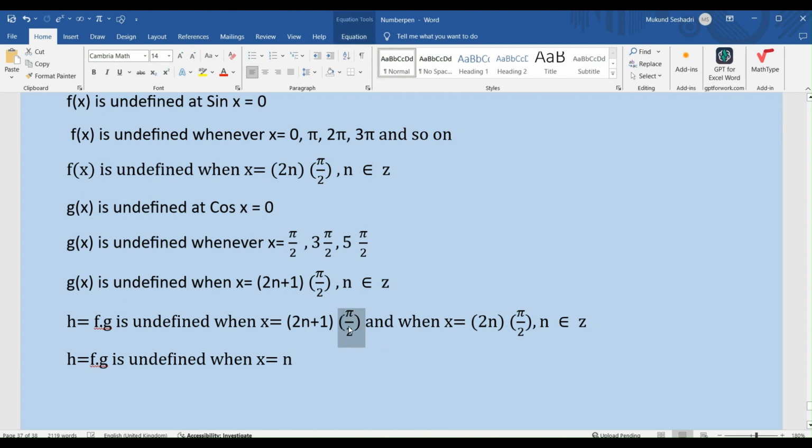And n can be any number. Now, let n take an odd number or an even number, right?